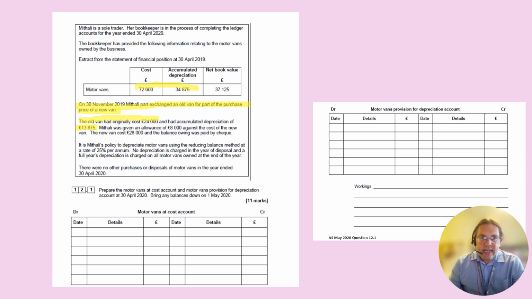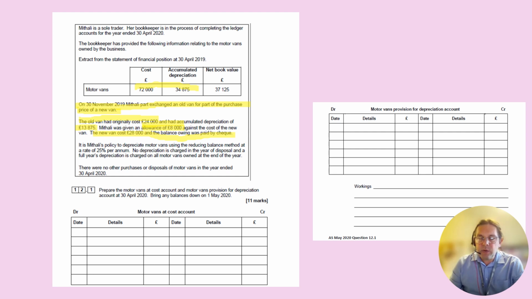We were given an allowance of 8,000. So instead of being given any money, we were given a part exchange figure of 8,000. That means on the cost account, we'll have a disposals entry for 8,000 to reflect the fact that we've used the old asset as a part exchange against a new one. The new van cost 28,000 and the balance was paid by cheque.